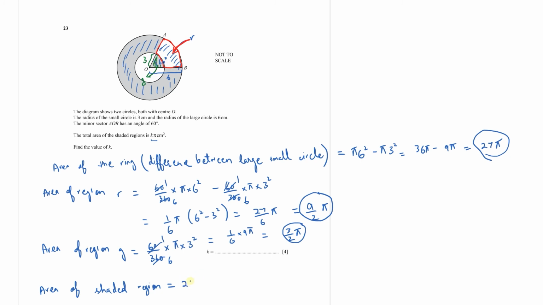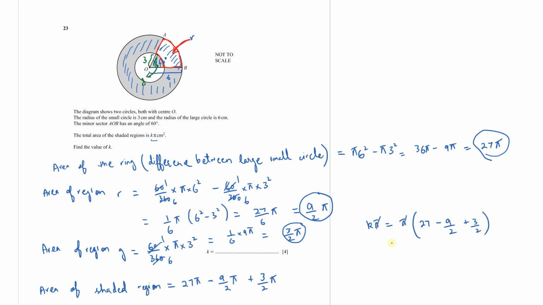So this is 27 pi minus 9 over 2 pi, and then plus 3 over 2 pi. We're given that the total area of the shaded region is k pi. So k pi will be equal to this. I can take pi common outside, so this will be 27 minus 9 by 2 plus 3 by 2.